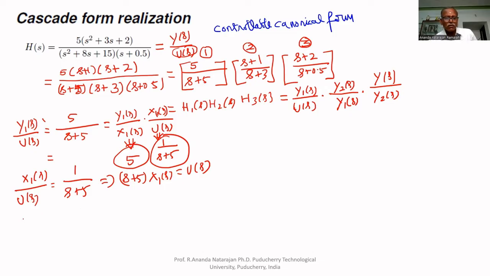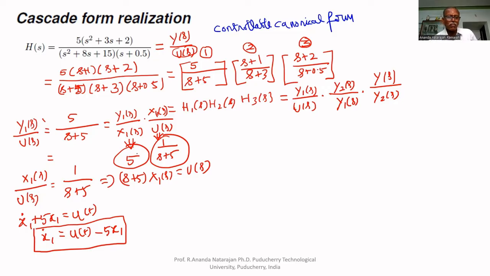So this can be written as x1 dot plus 5x1 equal to u of t, or x1 dot equal to u of t minus 5x1. This is one equation.